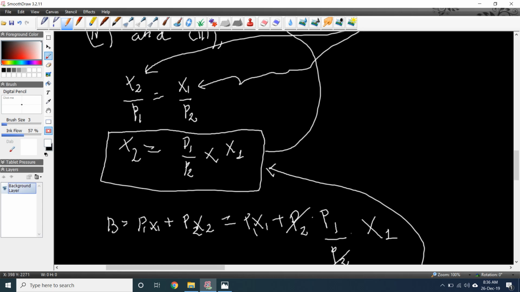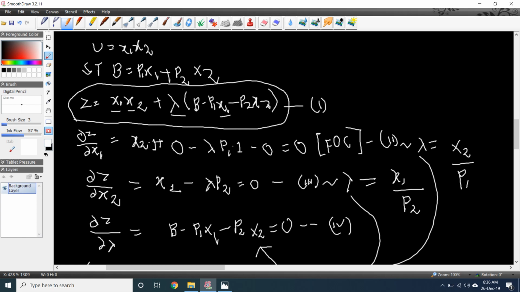So now let's recap. This is the utility function, subject to the constraint b equals p1 x1 plus p2 x2, and we make the Lagrangian function z equals x1 x2 plus lambda times the constraint in normalized form, b minus p1 x1 minus p2 x2. Now we partially differentiate the Lagrangian function with respect to x1, x2 and lambda.